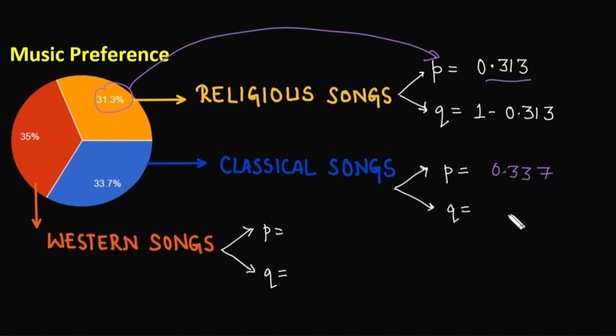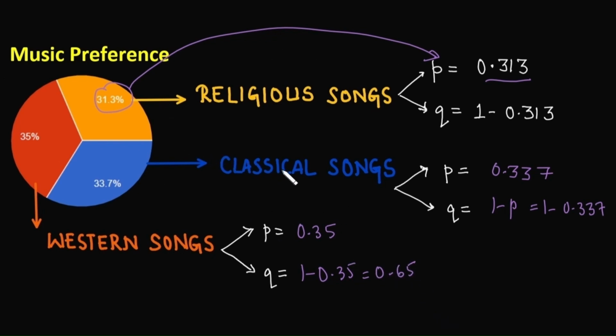And the probability of failure in this case is equal to 1 minus P, so that is equal to 1 minus 0.337. Now for the Western song, what is the probability of success? That is equal to 0.35. And the failure in this case is 1 minus 0.35, that is equal to 0.65.